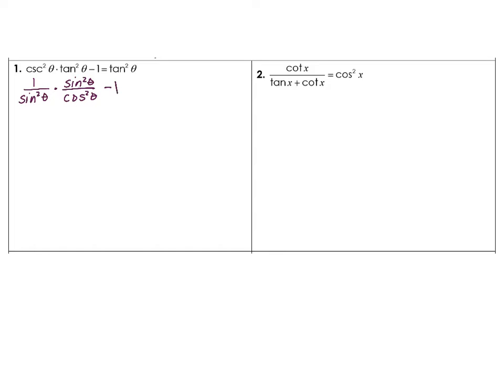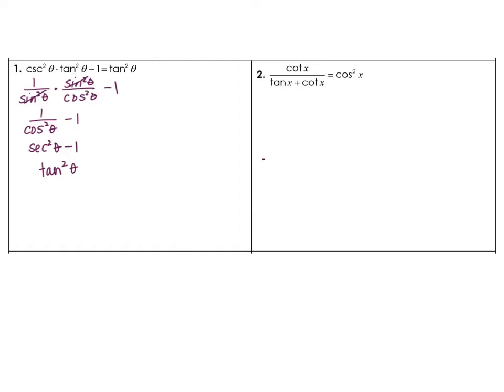And then, of course, we still have our minus 1 there. Our sine squareds will cancel, and we're left with 1 over cosine squared theta minus 1, and that's going to give us secant squared theta minus 1, and that's going to be our trigonometric identity, and that is equal to tangent squared theta.